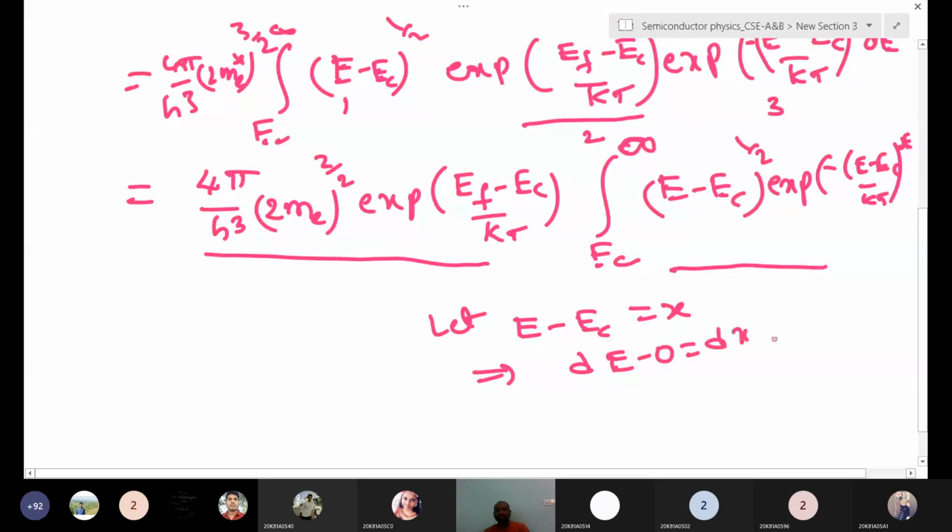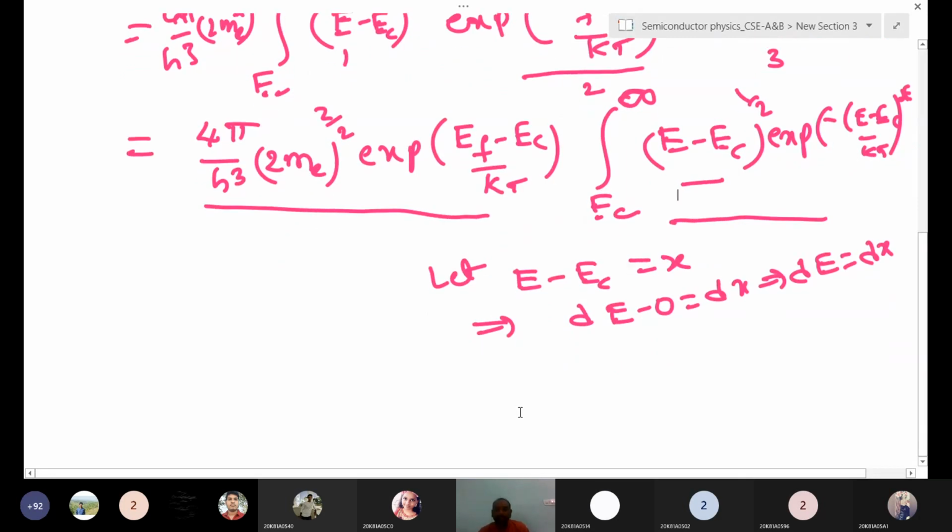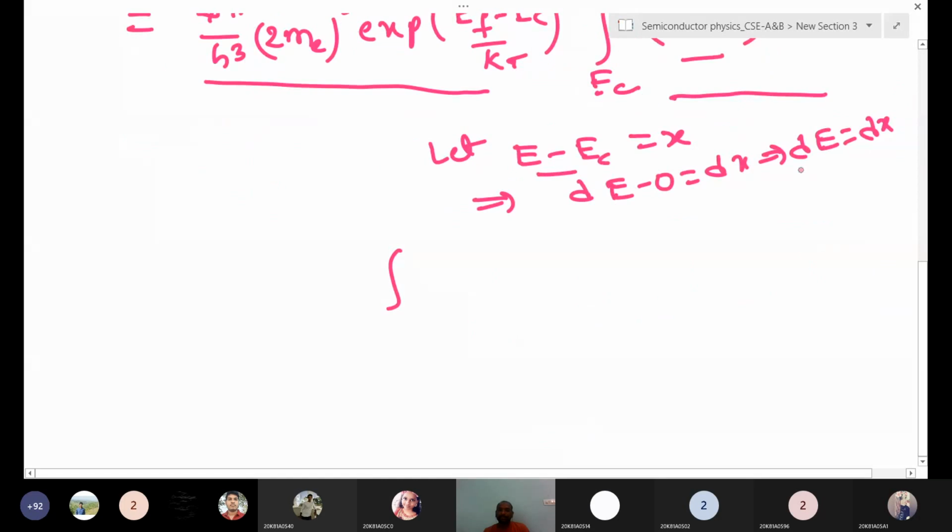Just substitute X here. This is simple integration only, but you have to go through it once. If we change these terms into X, the limits also have to change, right? Here E minus E_C is equal to X. So what are the lower limit and upper limit?